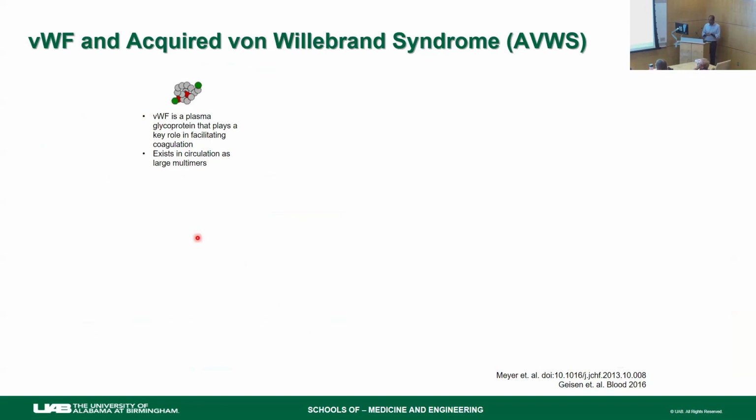So some background on what acquired von Willebrand syndrome is. Von Willebrand factor, I guess to this audience, I really don't need to explain what that is. It's a plasma glycoprotein that plays a critical role in coagulation. In circulation, it exists as large monomers. Under flowing conditions, this molecule unravels. When it unravels, it exposes ADAMTS13 cleavage sites.